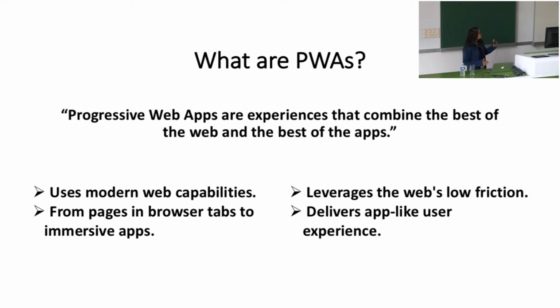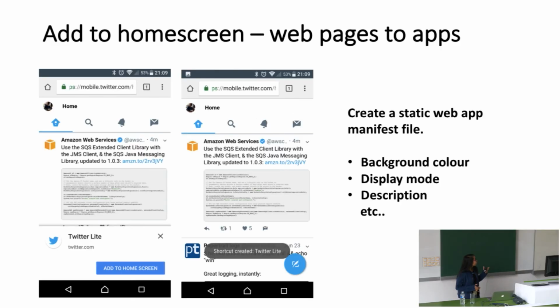So this actually helps you to give a better user experience when we are talking about PWAs, because once we start using the web application, if we use it enough, we get this prompt of adding that application to the home screen. So what this does is basically it gives you an icon on your home screen, and you can just click on it and use it as a native application.